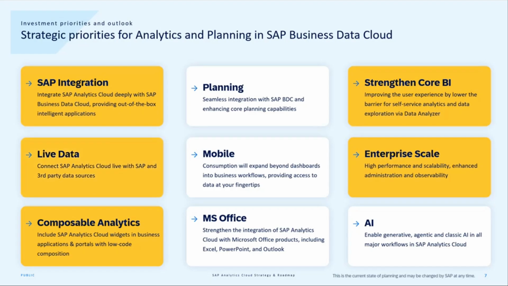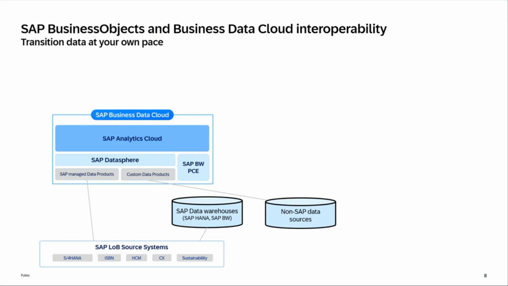And to make the link with the next slide, what we will do as well is to invest into live connectivity to non-SAP data. SAC is really super strong at connecting with SAP data. And in general, Business Data Cloud is primarily built to connect with SAP data.